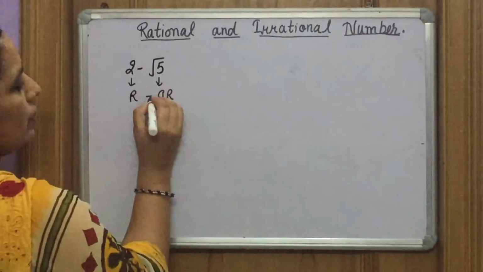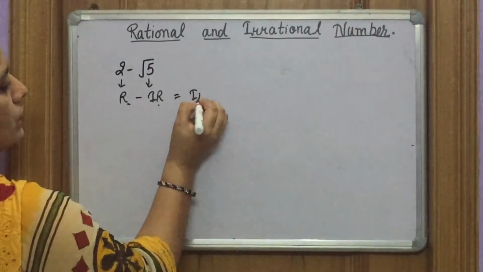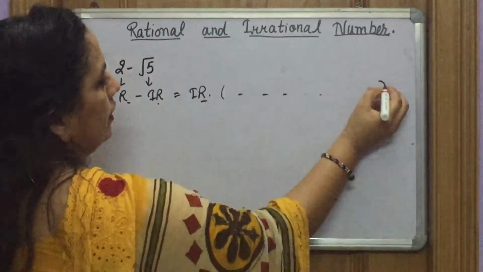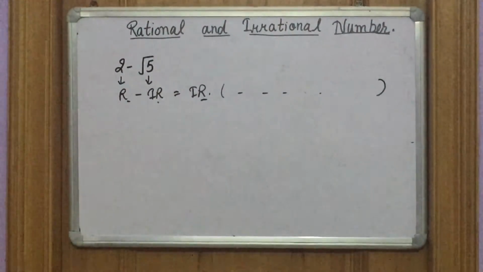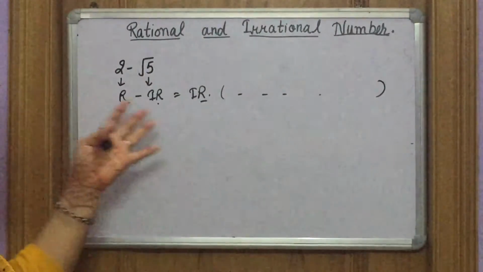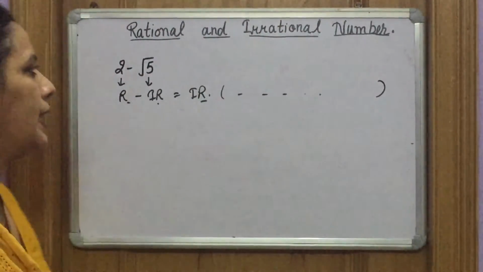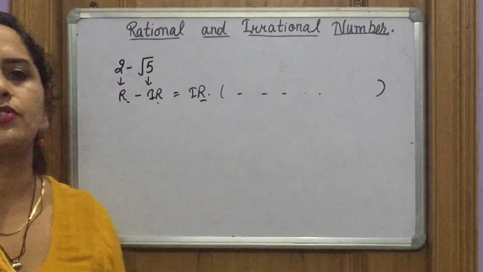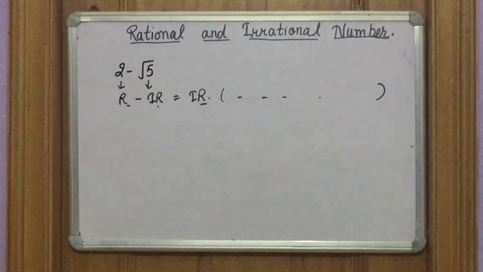So subtraction of these two numbers is always irrational. We have to write here the condition we have used: subtraction of a rational and irrational is always irrational.